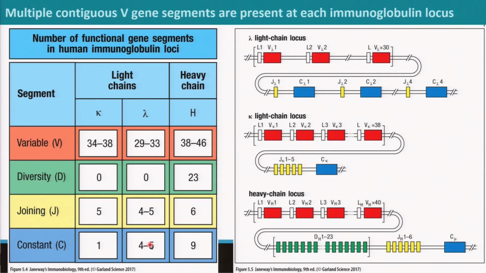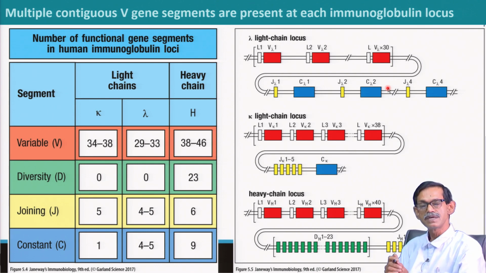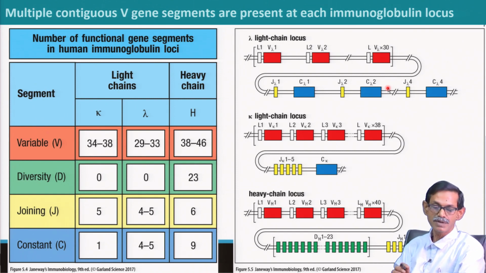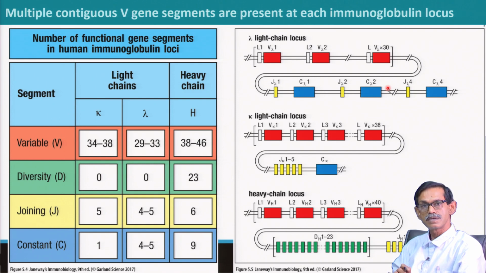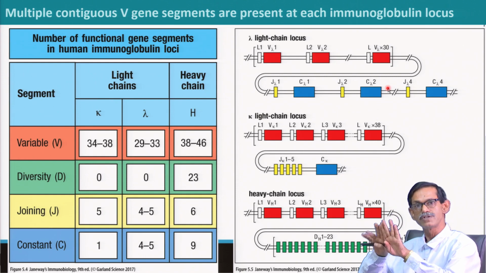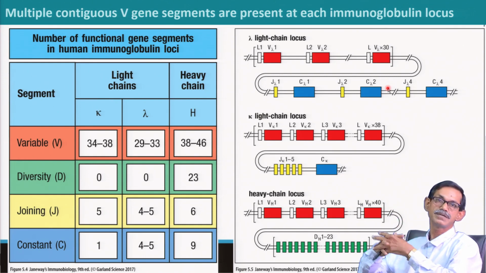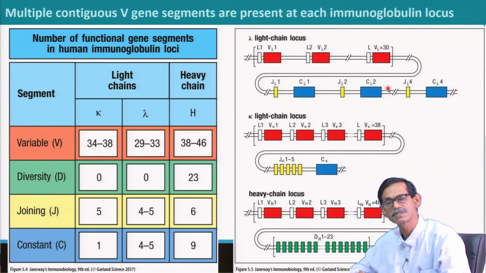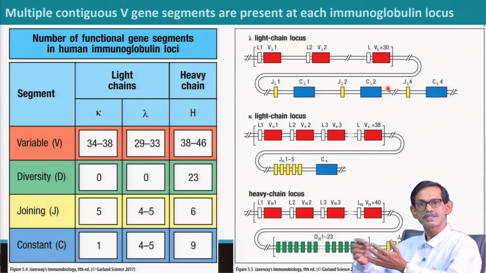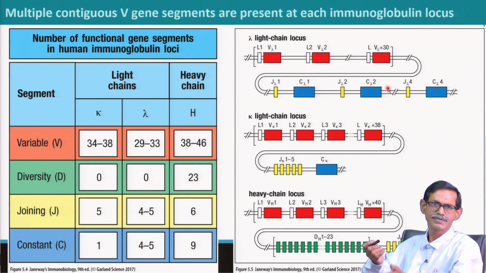This part we have already discussed: the light chain, the heavy chain, and how many possibilities there are for V and J. For the kappa light chain we have a maximum of 38 V and 5 joining segments, so if they join randomly, there are 190 possibilities. If I made some mistake in the calculation, you can check it; it is a very simple calculation.